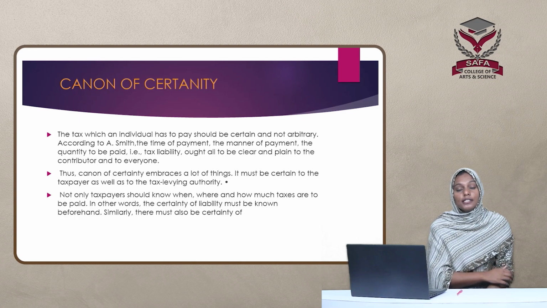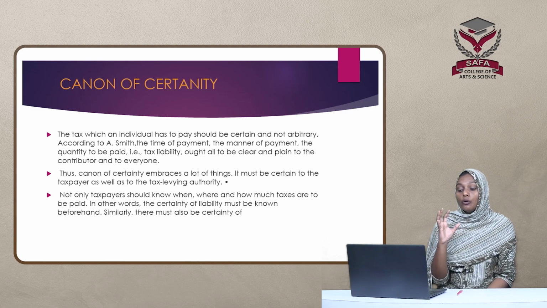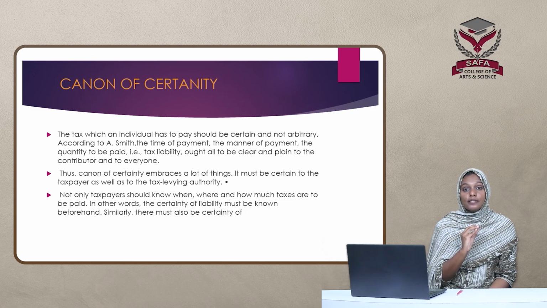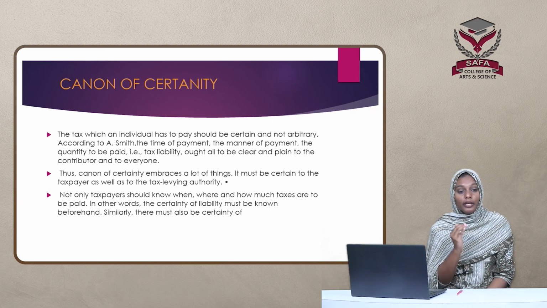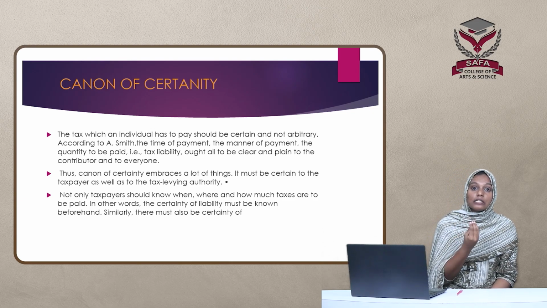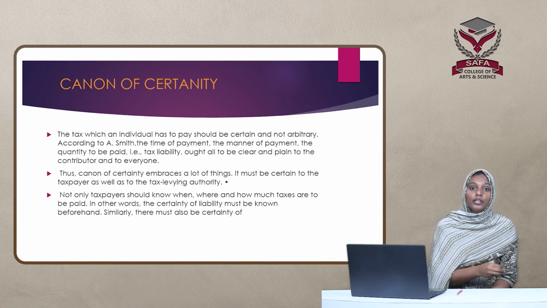The next one is canon of certainty. It is a crucial principle of taxation. This canon implies that the taxation should have some structure or certain plans regarding the taxation system and the income on the part of the government.